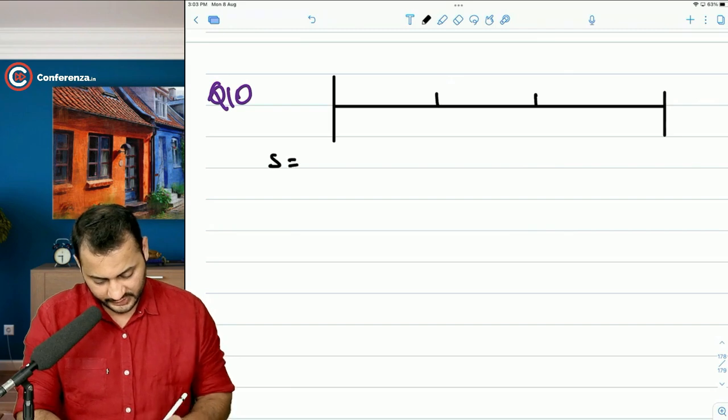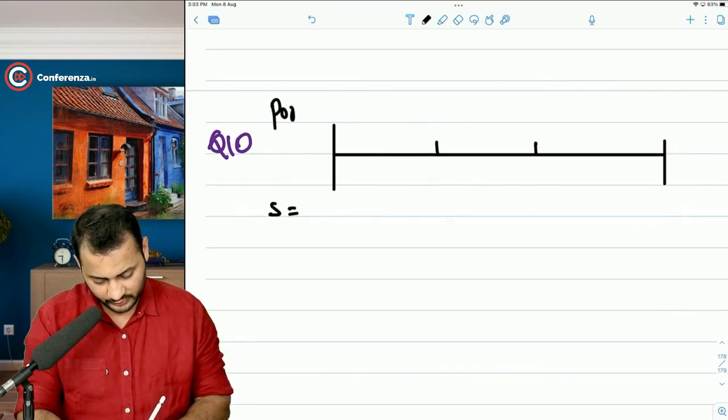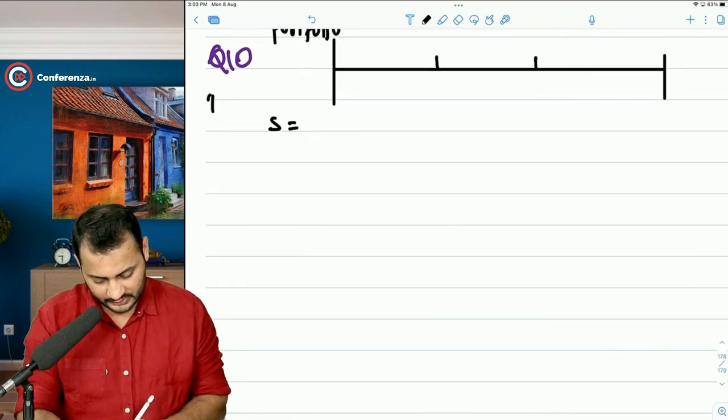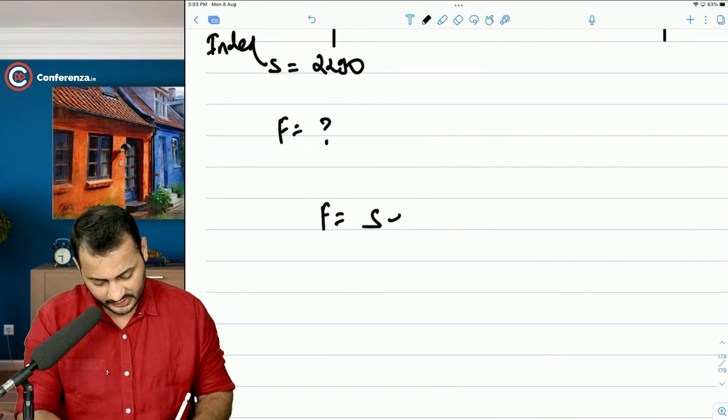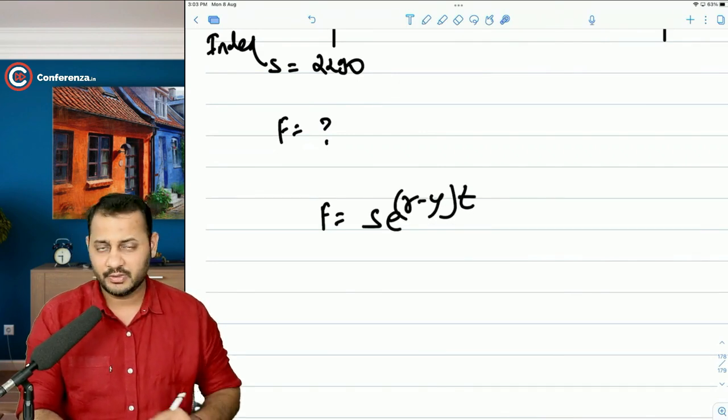Spot price on the index. So we want to create a portfolio. Spot price, and this is related to index 2290, and the futures price is what we have to calculate. Futures is very simple, sir. S in bracket e to the power (r minus y)t. See, e to the power has been taken.